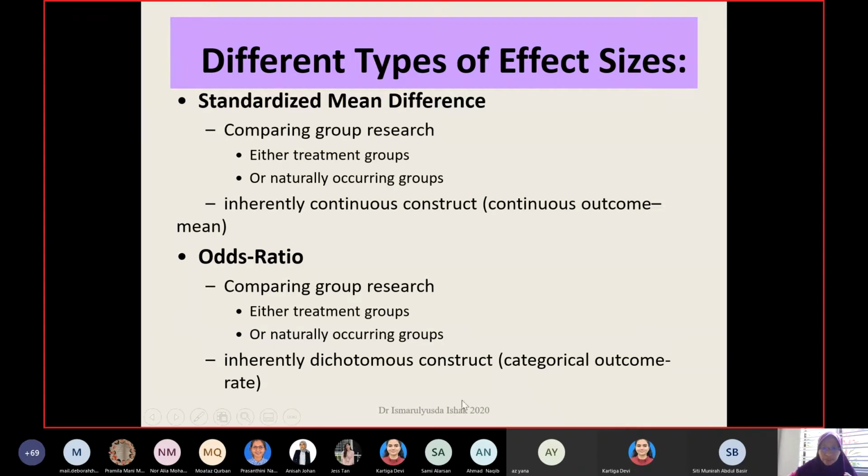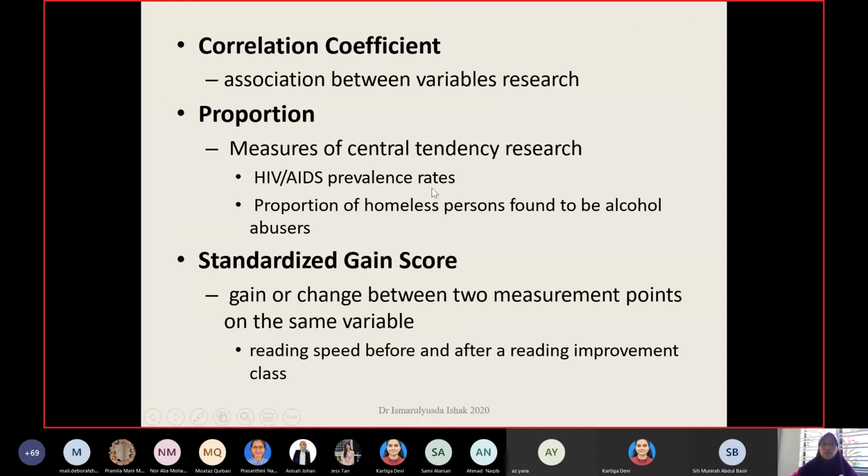That one is categorical, so you can use odds ratio in your sample size calculation. Maybe the next one, to correlate hemoglobin levels and intake of ferrum. You have 2 variables, so your calculations can use correlation coefficients.